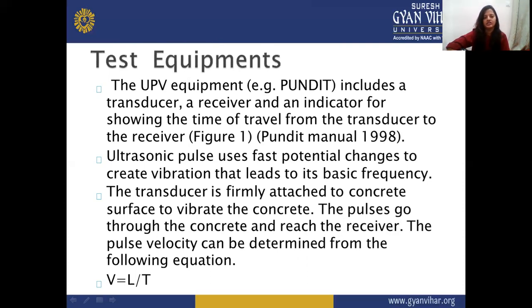So ultrasonic pulse uses fast potential changes to create vibration that leads to its basic frequency. The transducer is firmly attached to the concrete surface to vibrate the concrete. The pulses go through the concrete and reach the receiver. The pulse velocity can be determined from the following equation, which is V equals L upon T.